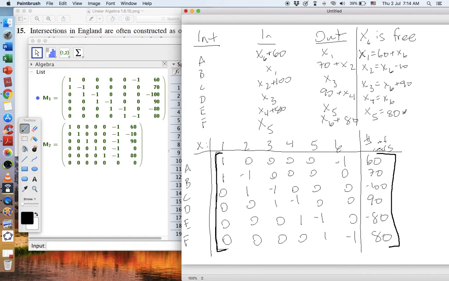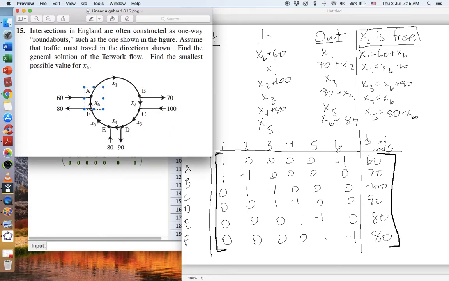Either way, we've got the commutative property of addition. And so, again, x6 being free means we need to know that variable in order to solve for all of the other variables. But that should be easy enough to measure, given that this is a real-world example involving traffic, which is tangible and it's dynamic, but we can measure averages over time.